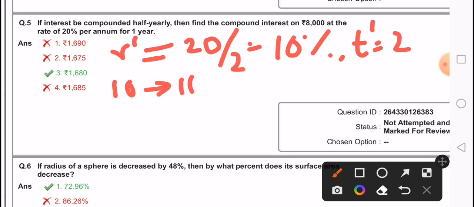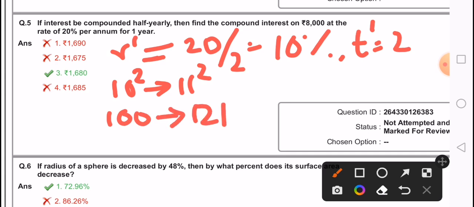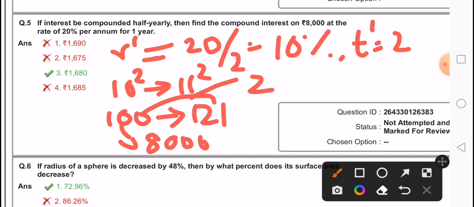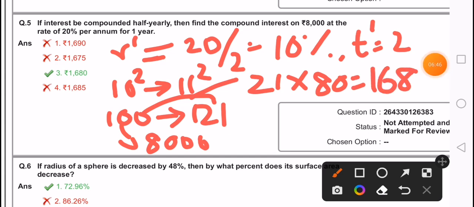For a time period 2, we have to square. So 100 becomes 121, and this 100 in the question is given as 8,000, which is the principal, and they have asked for compound interest. So this is 21, the difference, 21 into 80, because 1 corresponds to 80, we get 1680, and so option 3.